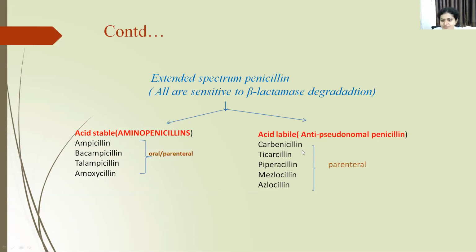That includes carbenicillin, ticarcillin, piperacillin, mezlocillin and azlocillin. Carbenicillin and ticarcillin are called carboxypenicillins. Piperacillin, mezlocillin and azlocillin are the ureidopenicillin group.